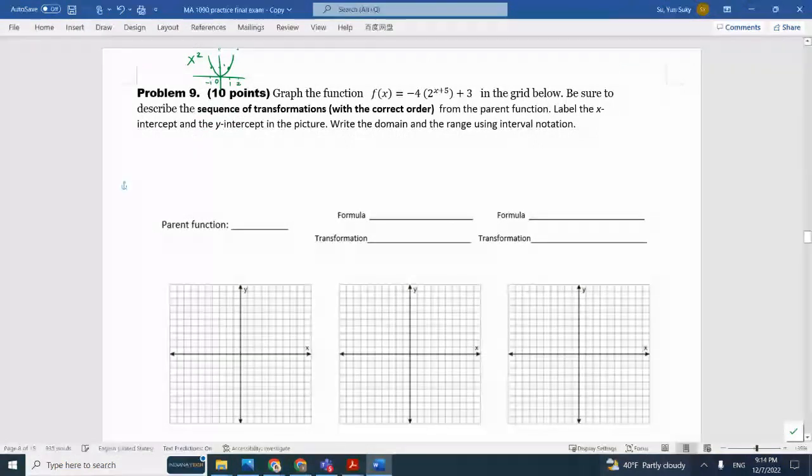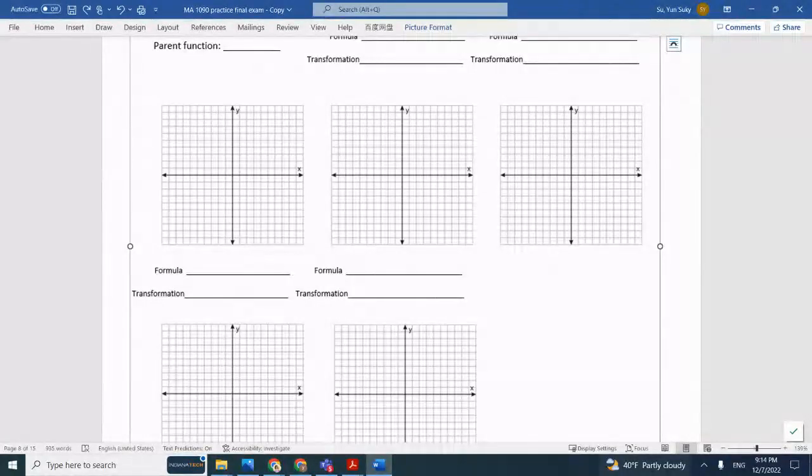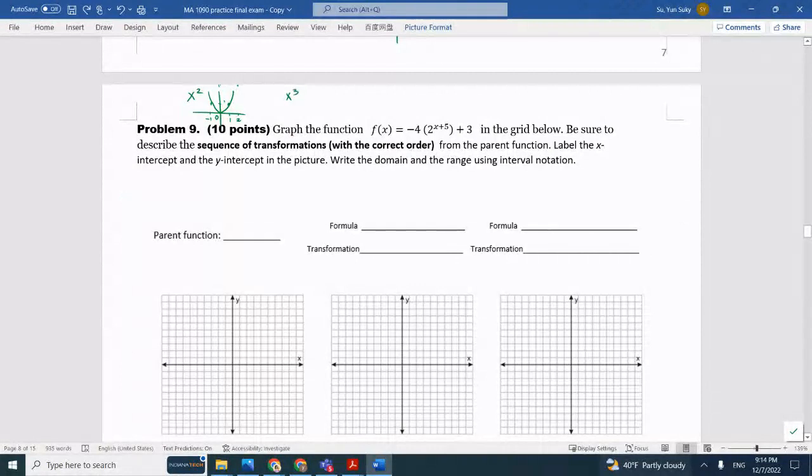And then, what else? We have x cubed. It passes through (0, 0), (1, 1), (2, 8), (-1, -1), and (-2, -8).